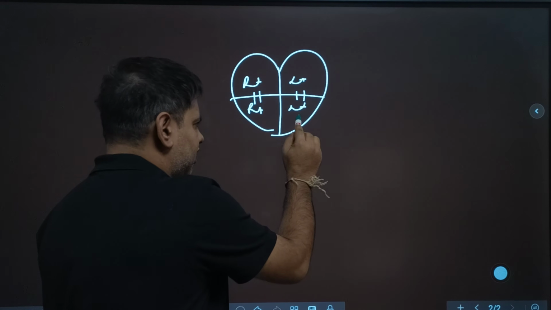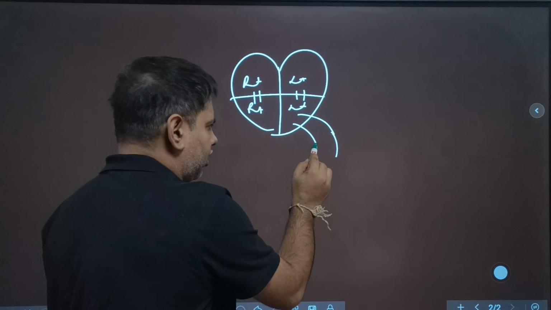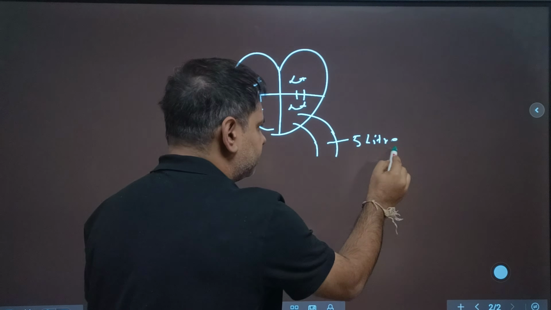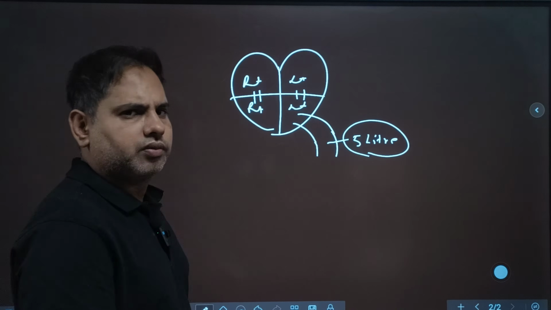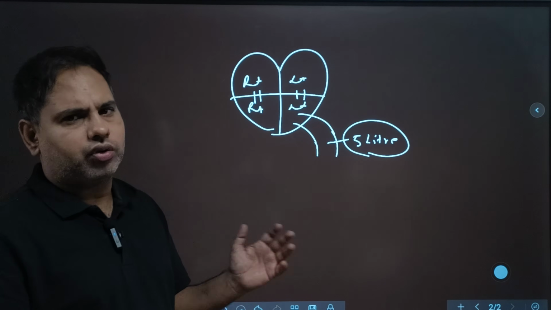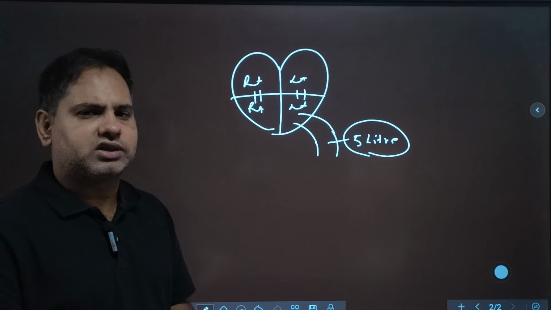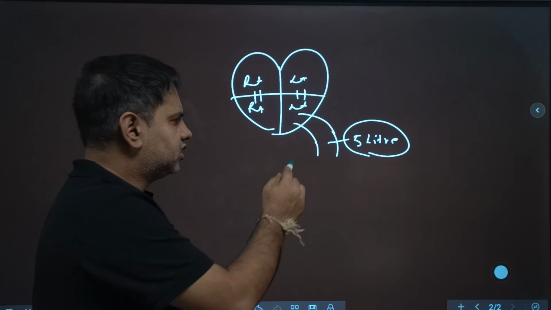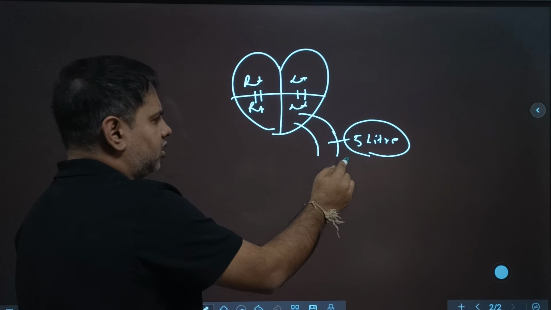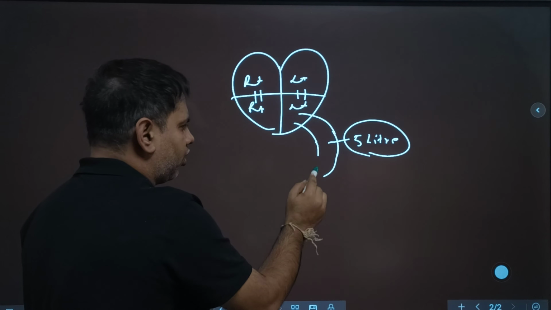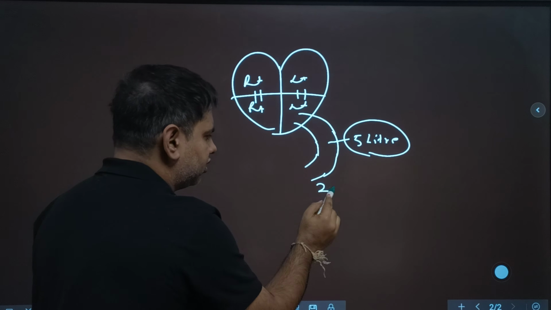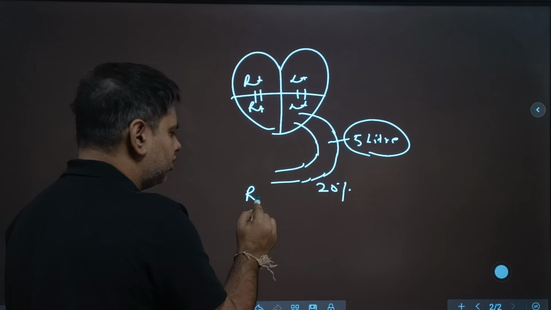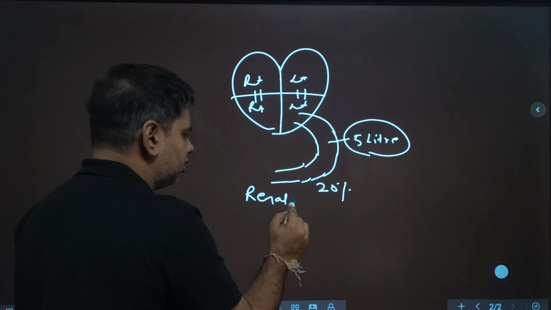There is a cardiac output, and approximately your cardiac output is 5 liters, right? Out of the 5 liters, 20% of the blood is going to the renal system.